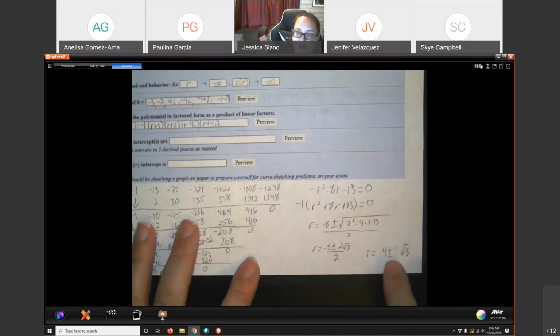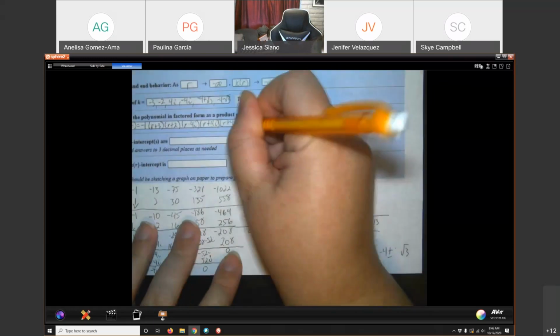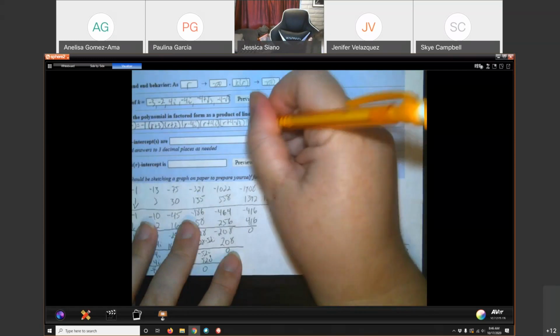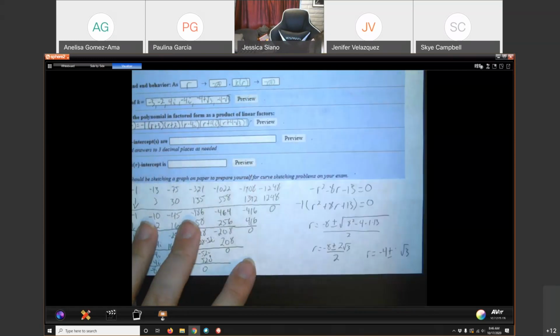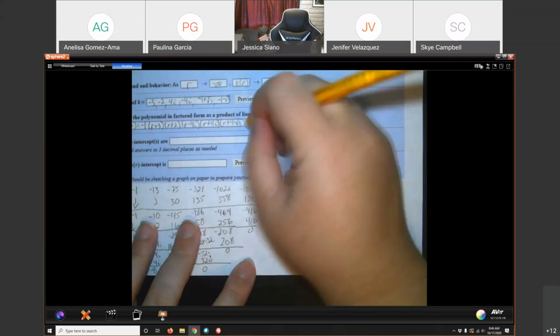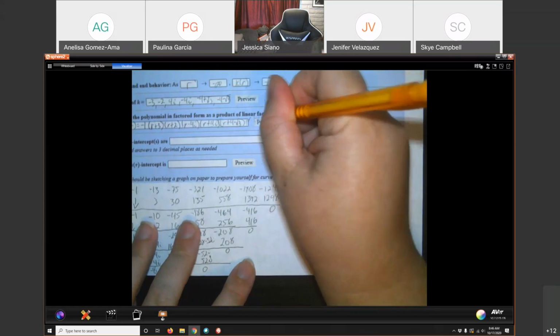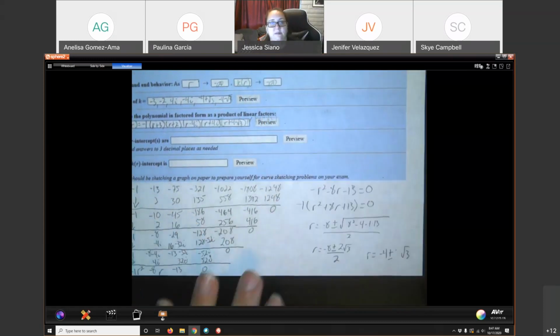If we move these over, this would be a positive 4 minus the square root of 3 and a positive 4 minus the square root of 3 plus 4 minus the square root of 3. Ugh.